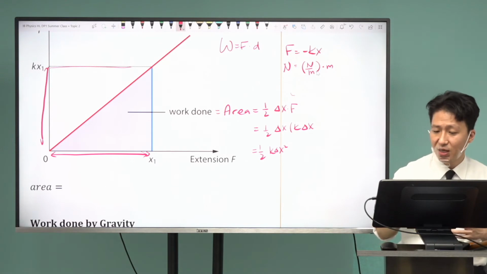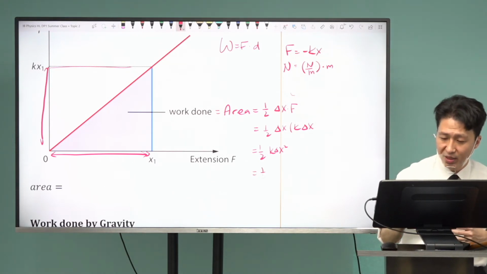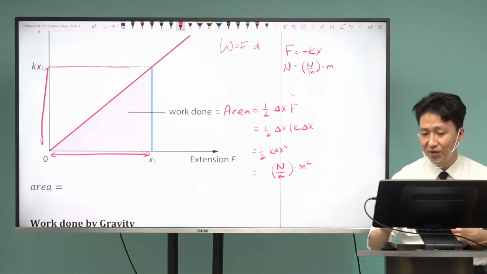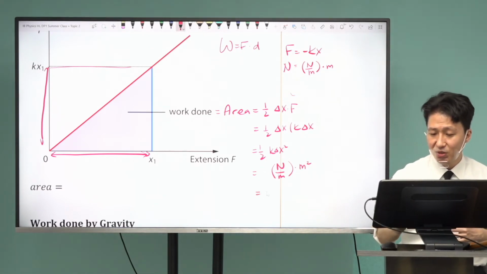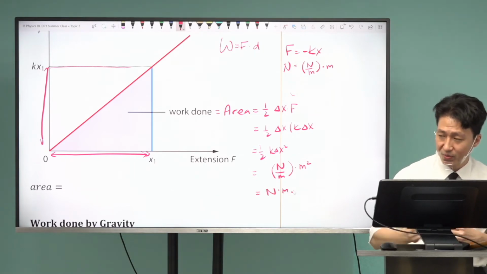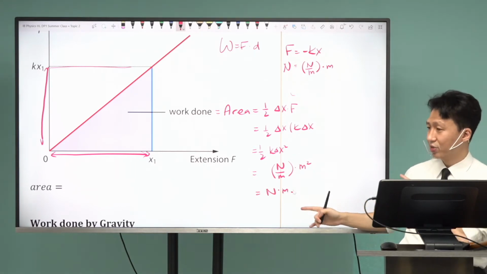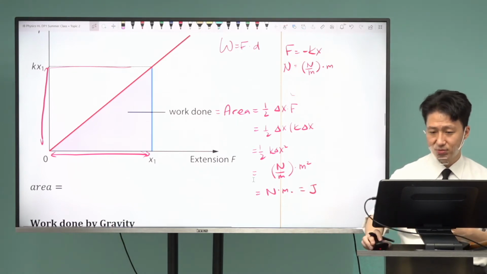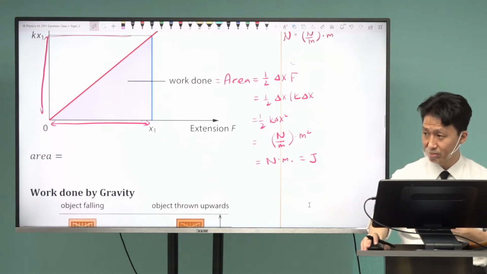Let's put this into the energy now. It's going to be equal to 1/2 newtons per meter times meters squared. Sorry, units, right? There's no half. This is going to equal newtons times meter, which is force times displacement, which is work, or joules. Right?